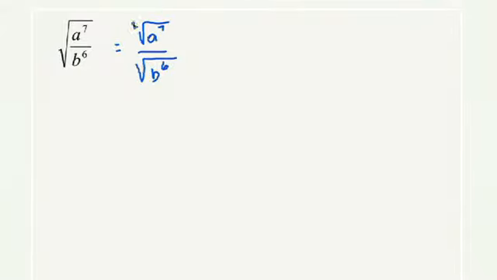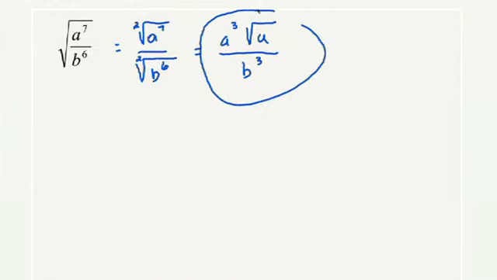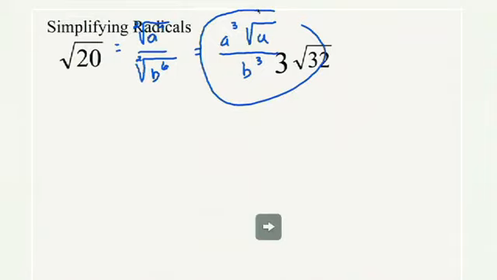So again, if you remember the rule, the imaginary 2 that exists out here, divide 2 into 7, and it goes in there 3 times, with a remainder of 1, or just a. In the denominator, 2 divides 6 evenly 3 times, with no remainder. So our final answer, a cubed times the square root of a over b cubed. All right. Let's keep going.